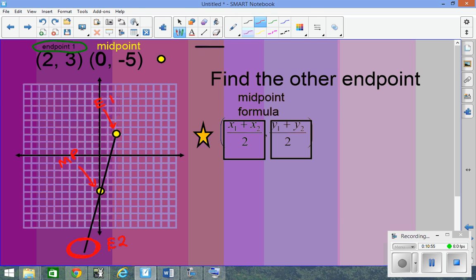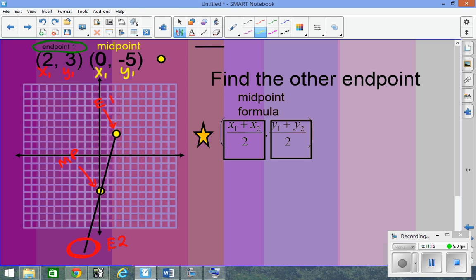Always label your points. This is the x1 of the endpoint, and this is the y1 of the endpoint. And this is the x1 of the midpoint and the y1 of the midpoint.